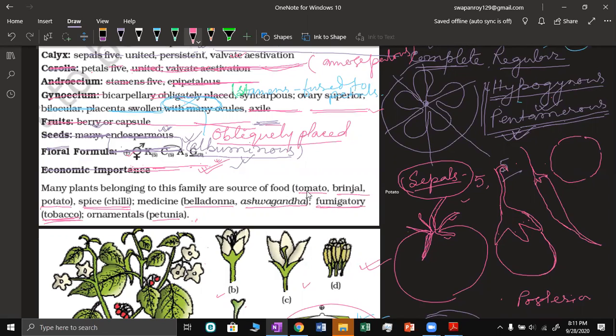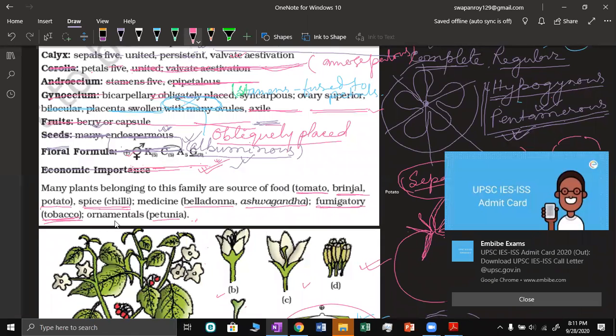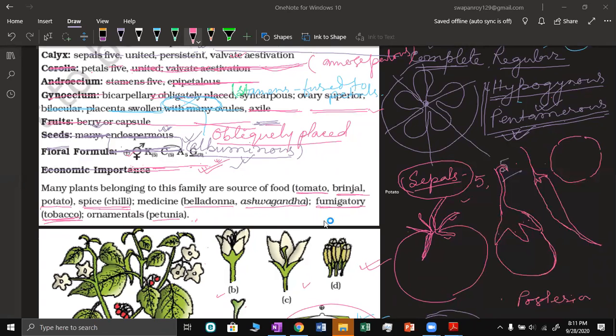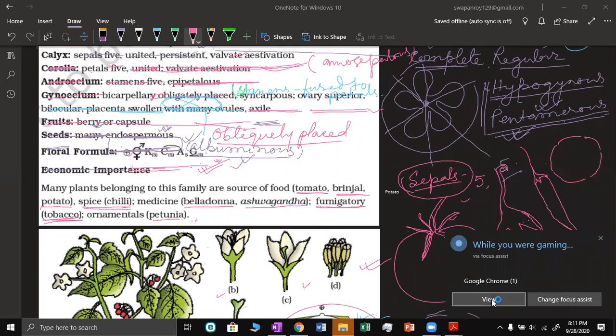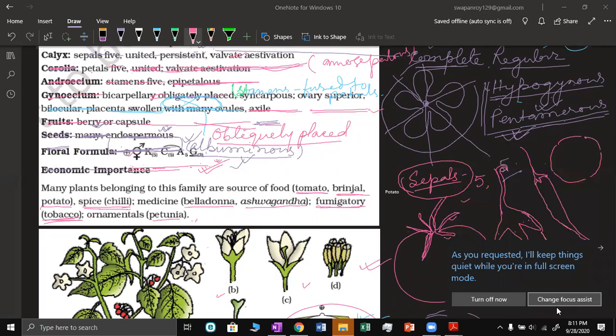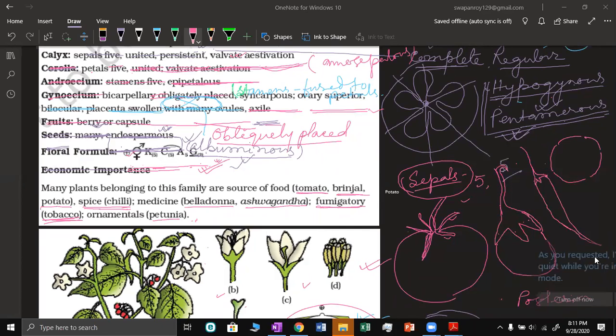So you should know them by name, by botanical name, and their uses. That is, some vegetable plants, some medicinal plants, some plants for other purposes, and ornamental plants are there.